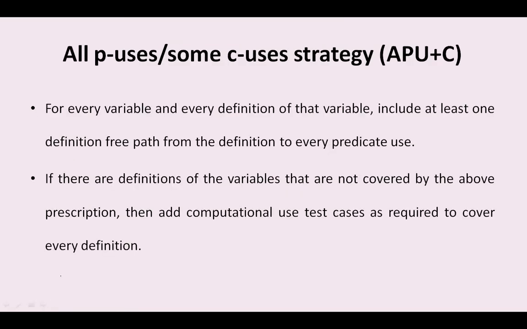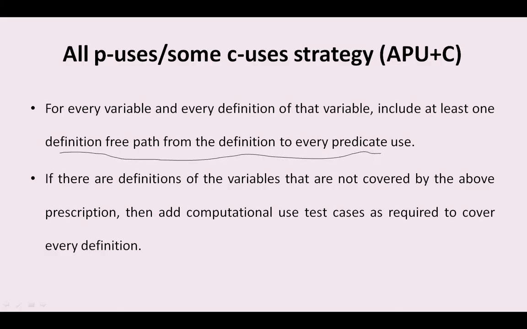The next one is the all P uses and some C uses strategy. For every definition of a variable, it has to include at least one definition free path from the definition to every predicate use. So at least one definition free path must be used for predicate usage.